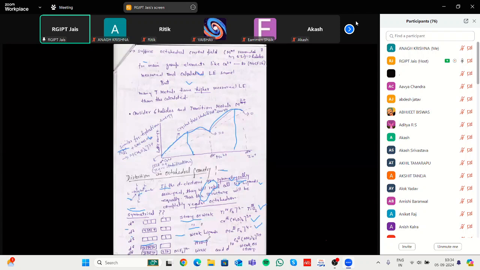For d6, it is a strong field ligand, this type of complex forms, and weak field ligand is also similar. In case of d8, with a strong field ligand it forms this type, and with a weak field ligand it forms another type of geometry.